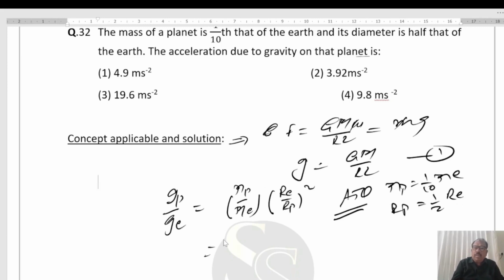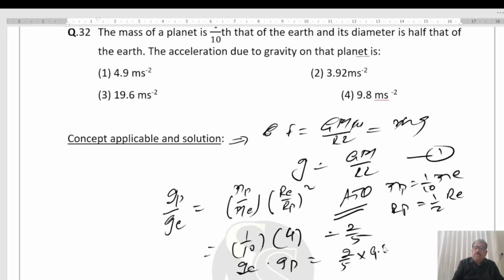So g of planet is 1/10 M into 4, which comes out to 2/5. So g_P comes out to be 2/5 into 9.8. On simplification, we get 3.92 meters per second squared. The correct answer is 3.92.